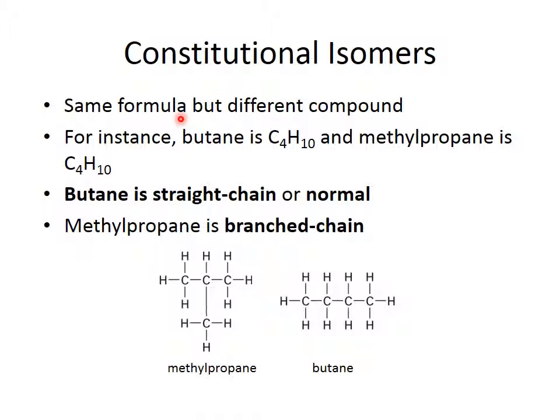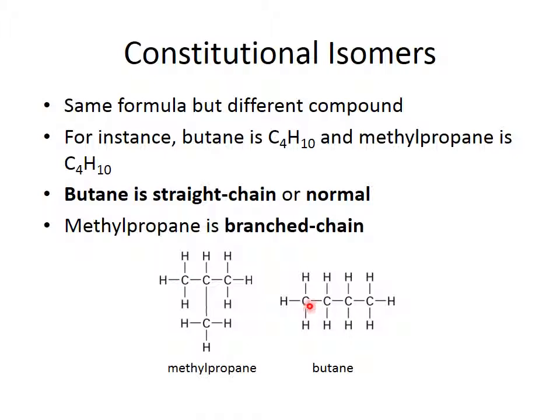Isomers are compounds that have the same formula, but they are different compounds. They have different names, different structures. These are called constitutional isomers because they differ in connectivity. If I go down here and I look at this, you will see there's a carbon that's connected to 3 carbons.